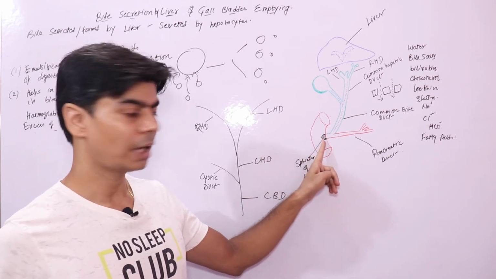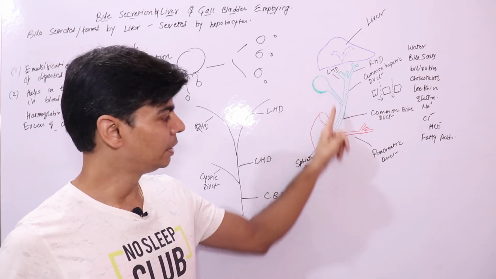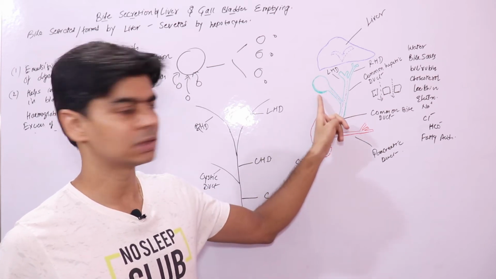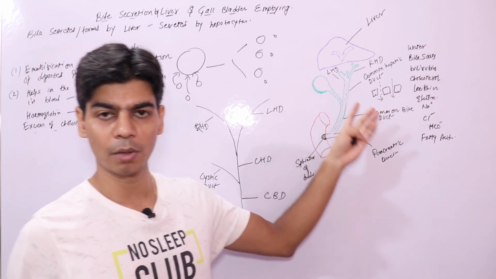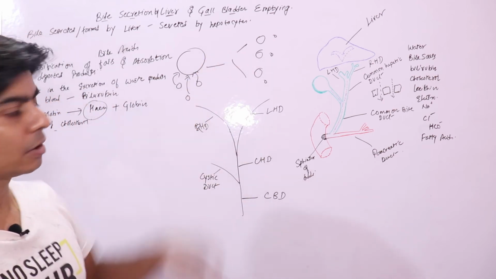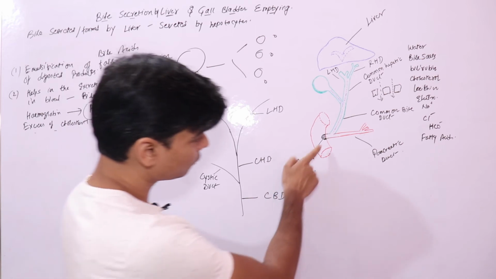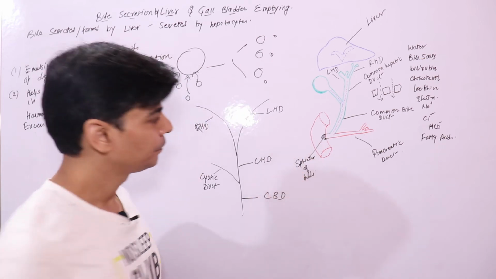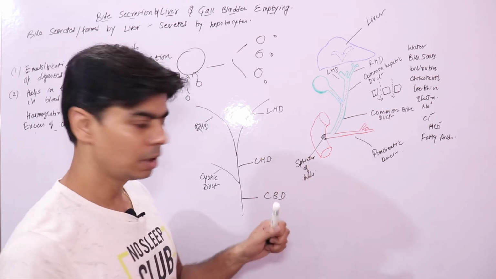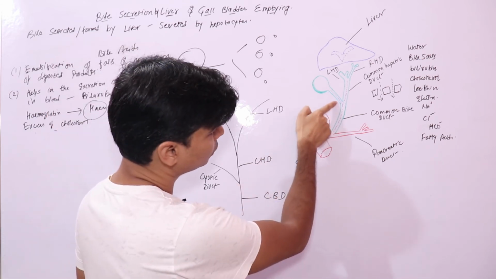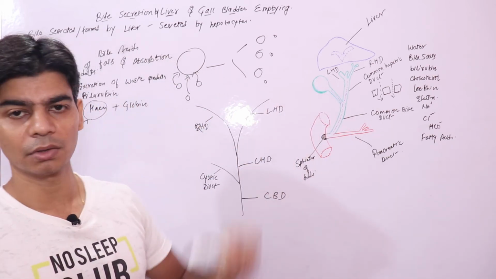When the sphincter of Oddi relaxes, the gallbladder will start emptying bile into the duodenum. We'll go through the emptying of the gallbladder in a minute, because it's part of this lecture. So I repeat once again, when the sphincter of Oddi is not relaxed, the bile will start backing up, move in the reverse direction, and through the cystic duct move into the gallbladder, so it will get stored in the gallbladder.